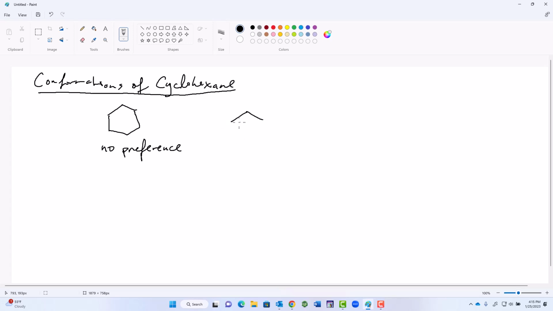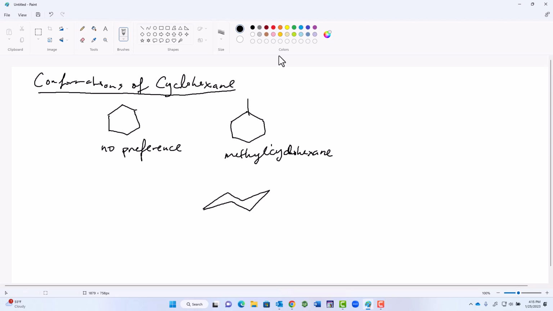So instead of looking at just cyclohexane, let's look at the methyl substituent, methylcyclohexane. Let's examine what the chair conformations look like for that. The first one, I'll just draw a chair.